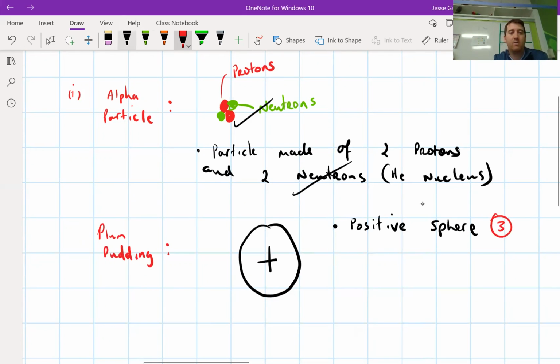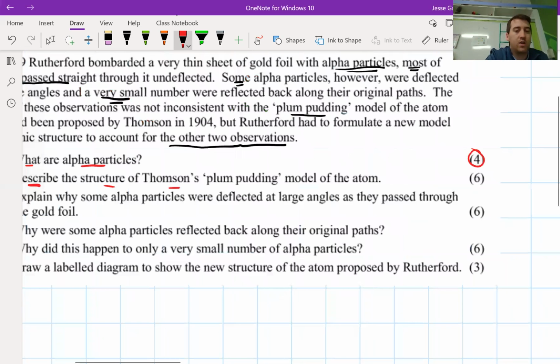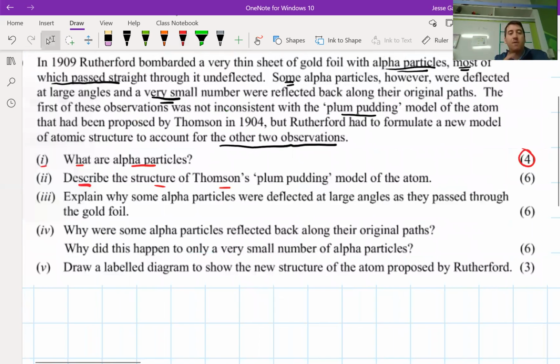And then we've got electrons studded in, or electrons embedded, sometimes you'll see it written like that. But I'm happy with electrons are studded in. That's the other 3 marks. Pretty straightforward, pretty simple, I reckon. We did perfect there.